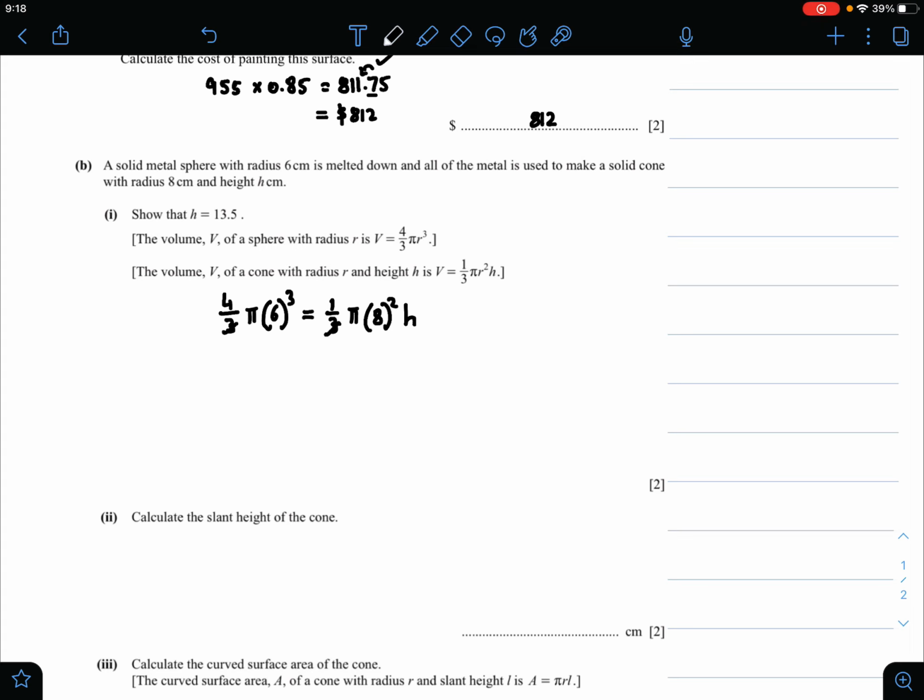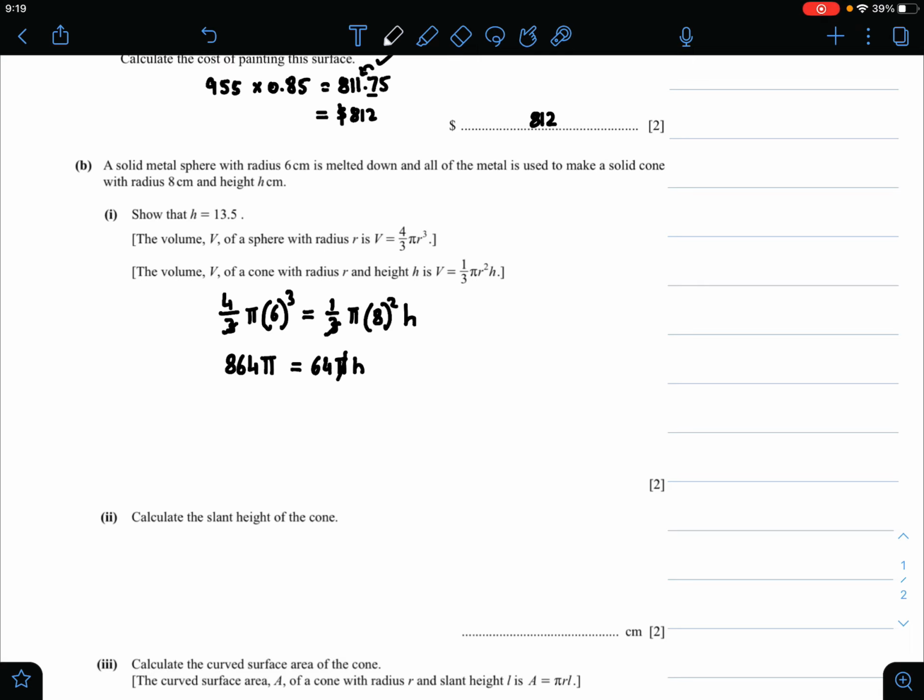Now 6 cube is equal to 216, multiplied by 4 is equal to 864, so we have 864 pi, which is equal to 8 square, which is 64, multiplied by pi multiplied by h, so 64 pi h.